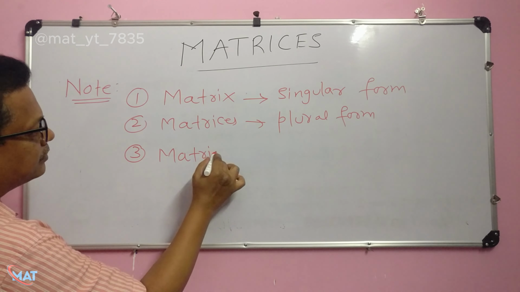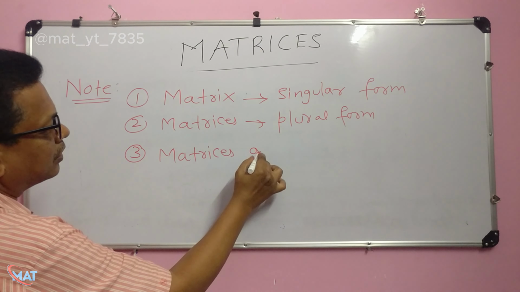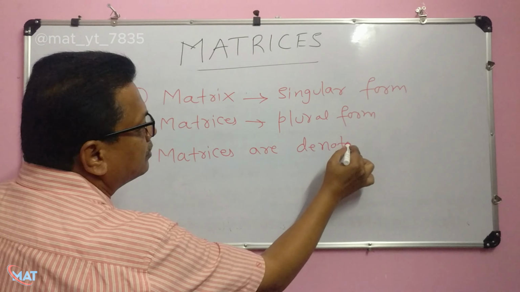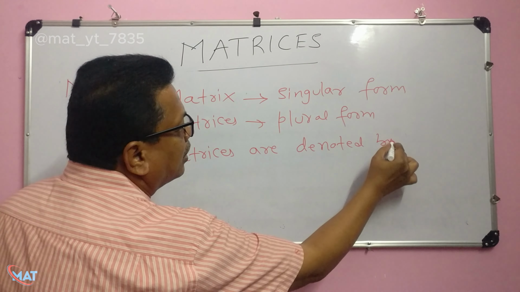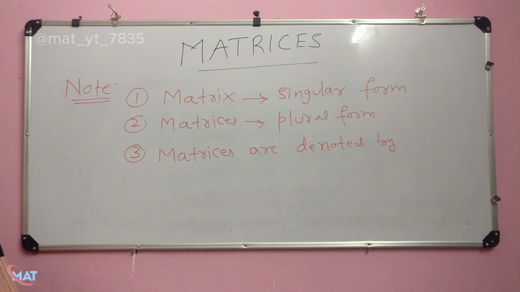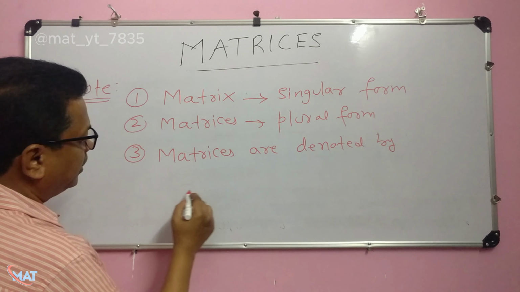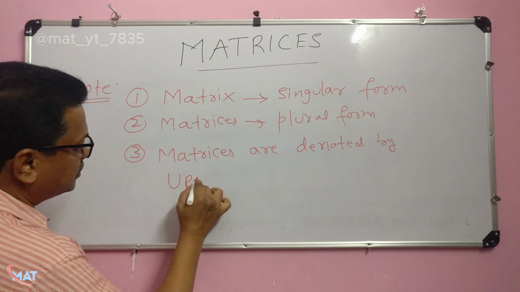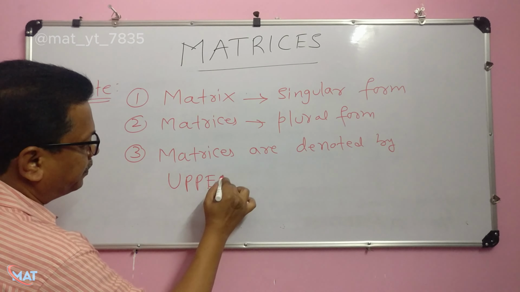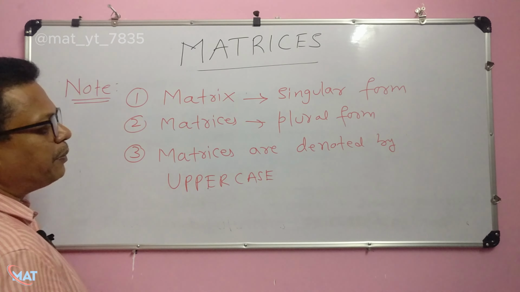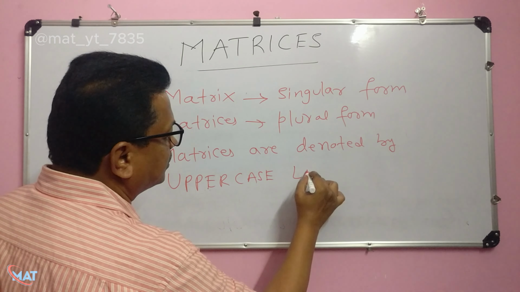Note 3. Matrices are denoted by, that is, how you are going to name a matrix. Further, we are going to discuss the examples there. Matrices are denoted by uppercase letters. Uppercase means capital letters.